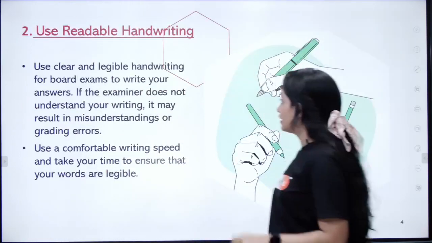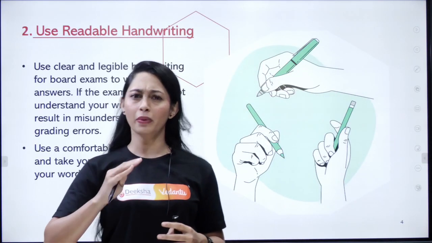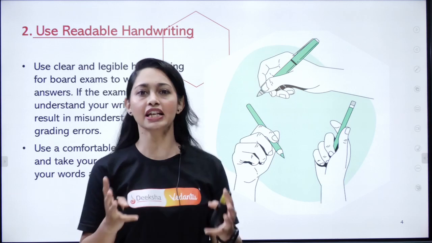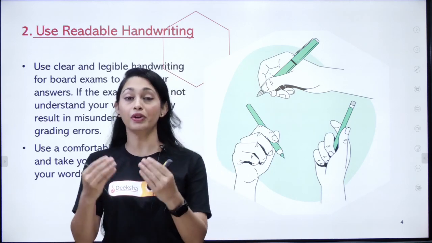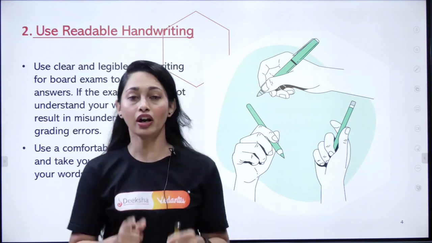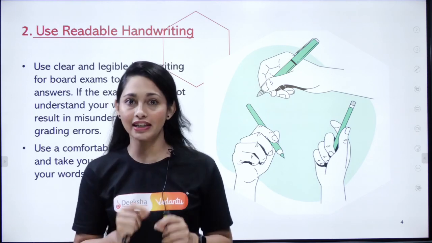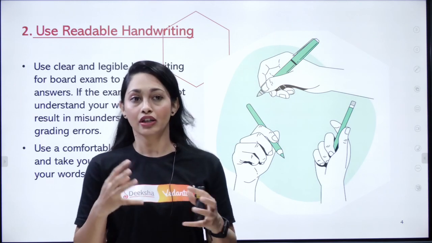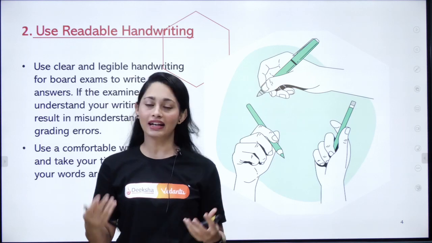Next point, use readable handwriting. This is very important. You might be a genius, very smart, and have studied everything, but if you are not able to write that in the exam, and the handwriting is really bad and cannot be read, then it's all down the drain.